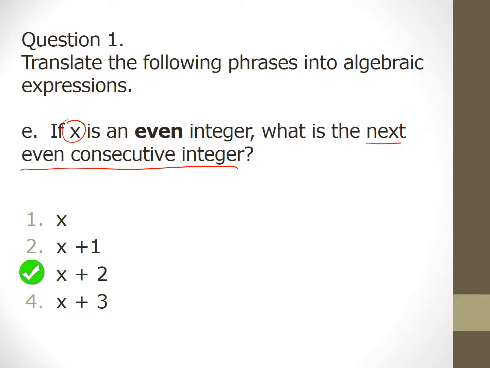The correct choice is 3, x plus 2, because again, if we started with x being an even number 6, the next consecutive integer is 7, but we want the next even consecutive integer, which would be 8. So we wouldn't add 1, we would actually need to add 2 to get to here. So this would be x plus 2 is our next even consecutive.